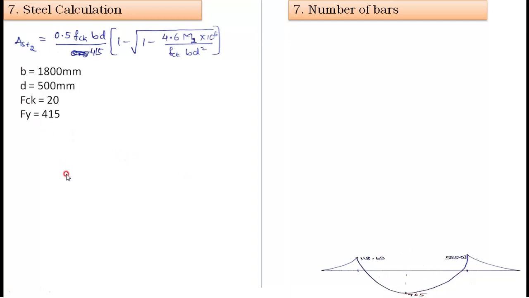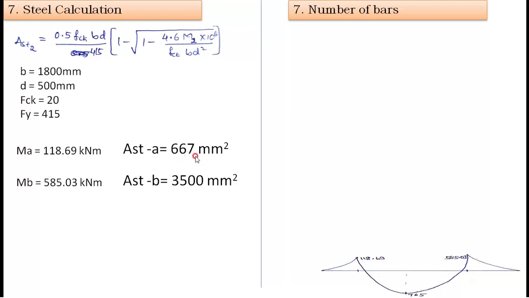Therefore, we will determine three different quantities of steel. In this equation we consider B as 1800, D depth 500, and fck and fy. For 118.69 we will get a steel of 667 mm square, and for 585.03 kilonewton we will get 3500 mm square, and for 765 we will get 4762 mm square by using this equation.